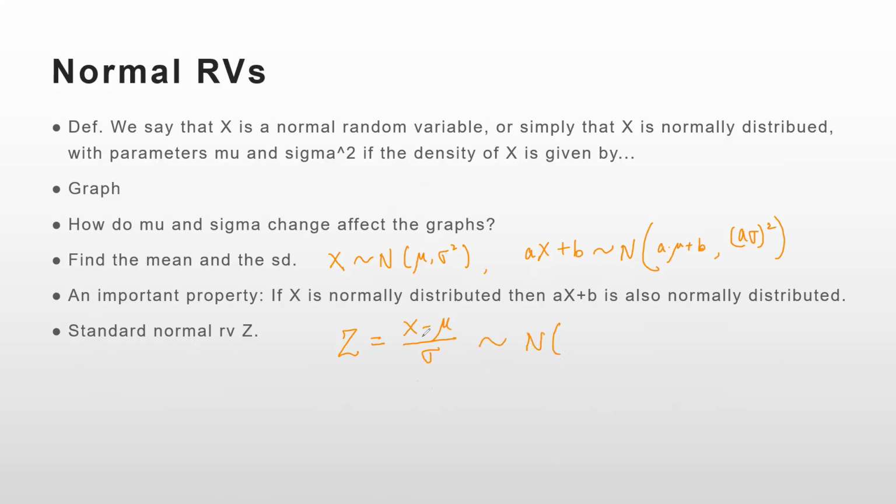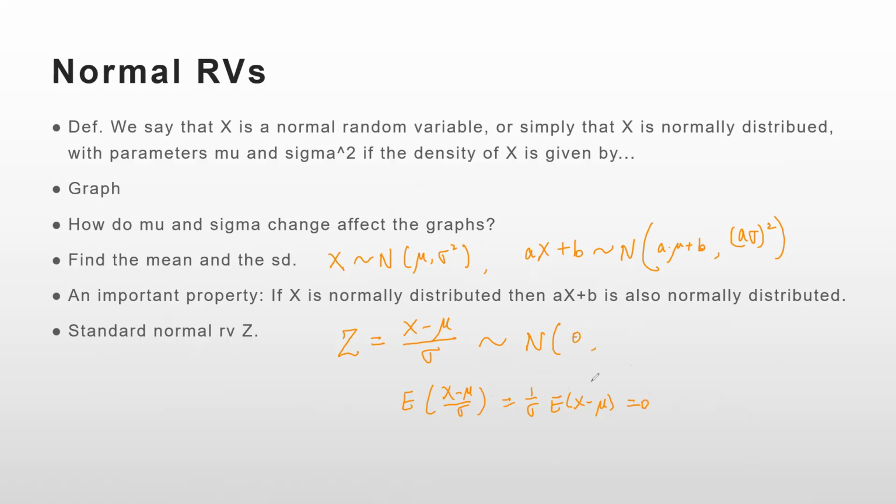And the mean of Z would be 0. It's just X minus mu over sigma. You move out sigma, and you have the expectation of X minus mu. It's the expectation of X minus the expectation of mu, but the expectation of mu is mu itself, so it's just 0.